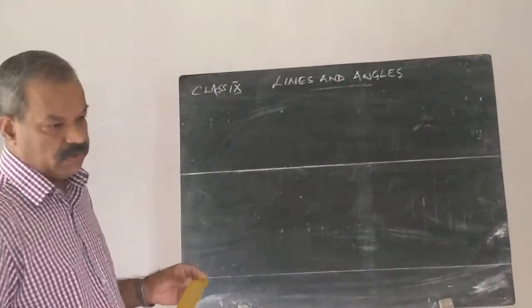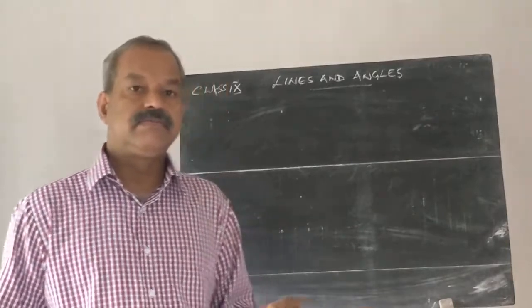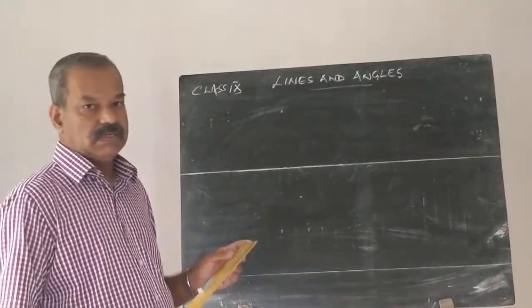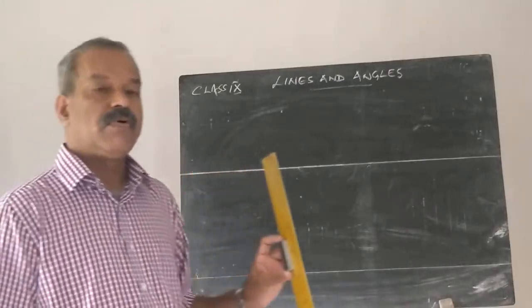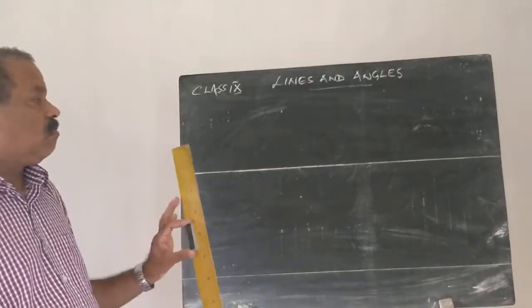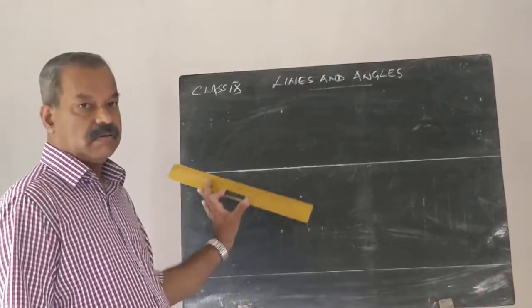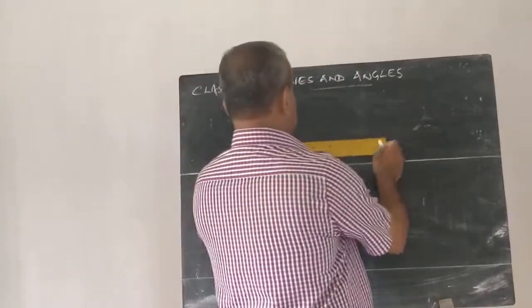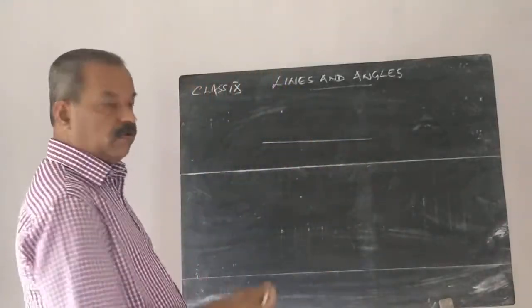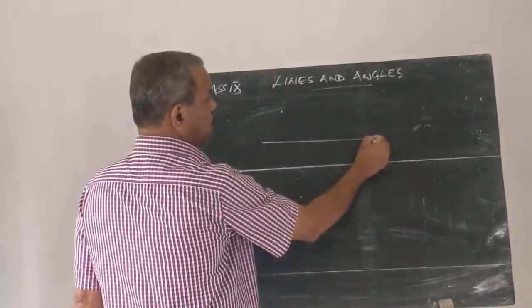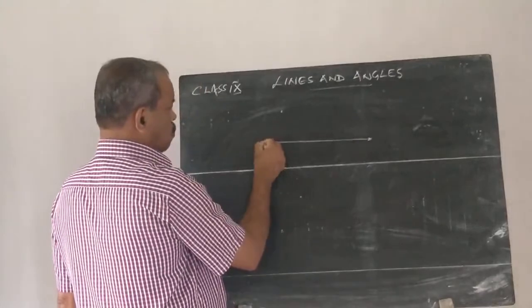What do you know about a line? Actually, a line is a set of points, an infinite number of points arranged in a certain manner. So, to represent a line, we draw like this and put arrows on both sides.